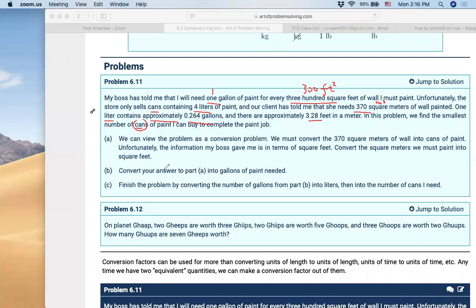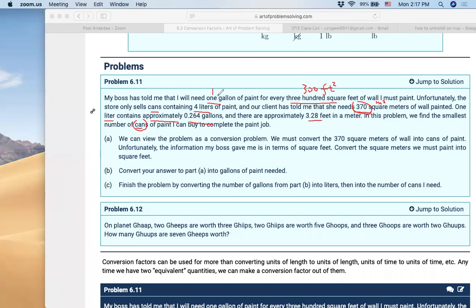To do that, you need to continue converting. First, they give you the walls in square meters, so first you need to convert the square meters to square feet. Then, based on this ratio, each gallon of paint can paint 300 square feet. So you use the number of square feet of the wall divided by 300 square feet, which gives you the number of gallons of paint you need.